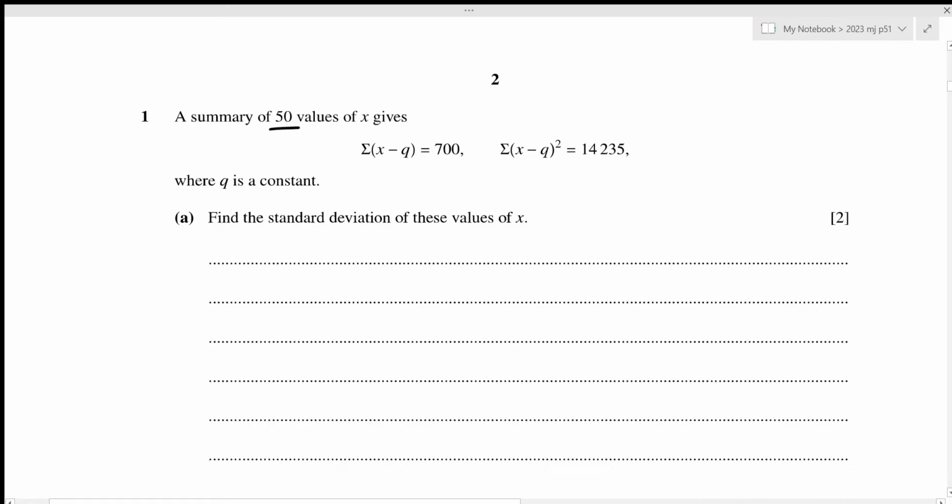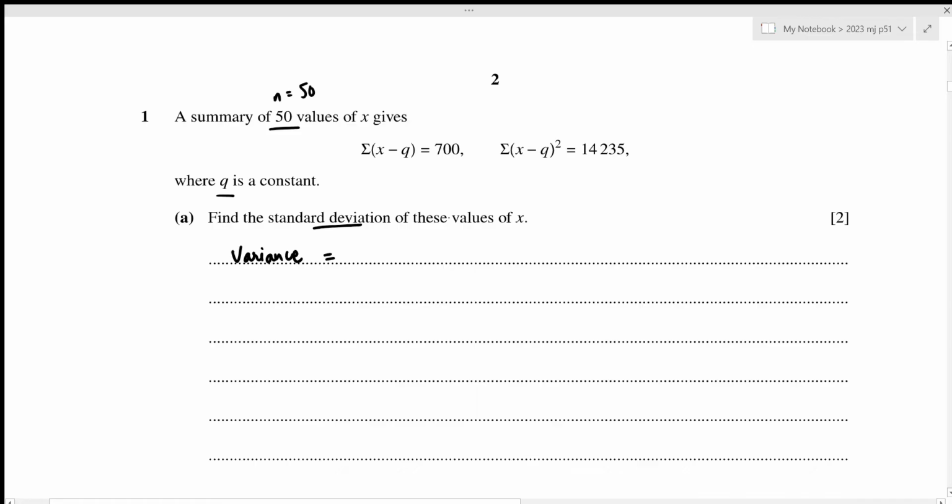A summary of 50 values of x gives summation of x minus q and summation of x minus q squared, where q is a constant. So in this case, n will be equal to 50. We need to find the standard deviation of these values of x. First of all, let's find the variance, because variance is just the square of standard deviation.